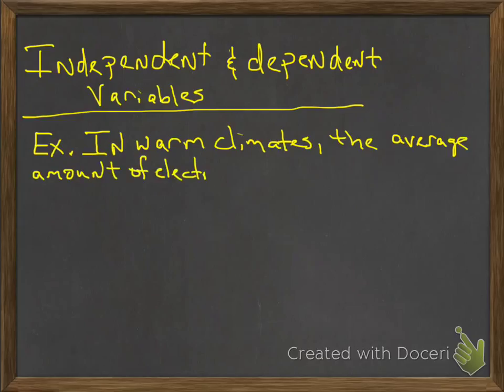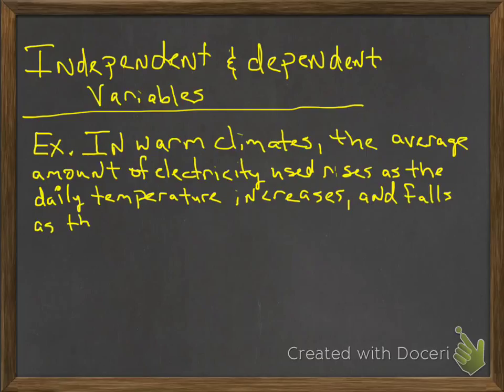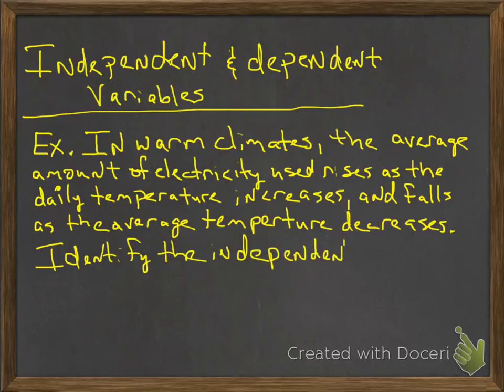So in this example, we're going to see some word problems, and we're going to decide who influences whom, who's the boss over who will force the other one to change, not the other way around. Okay. So what we have here is an example. In warm climates, the average amount of electricity used rises as the daily temperature increases and falls as the average temperature decreases. Identify the independent and dependent variable.